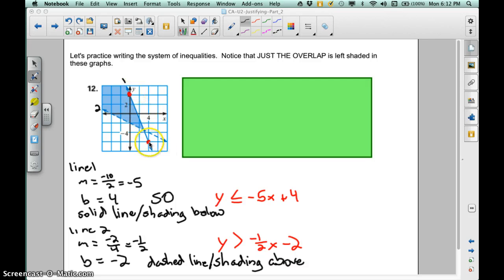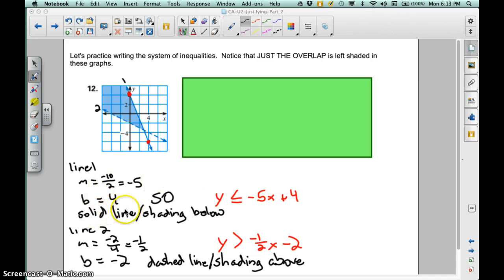I found another point that looks like it's on the grid, and I counted. Something that you may not have noticed here was the scale was 2. Each line counted by 2's. And so if you did that, you would have gotten a different answer. You do need to pay attention to the scale being used.